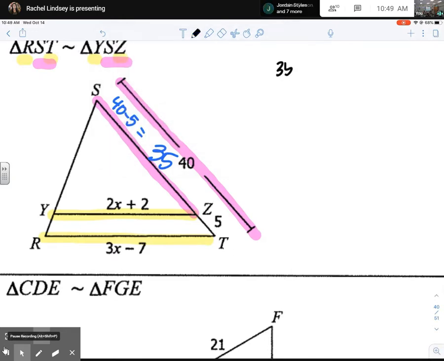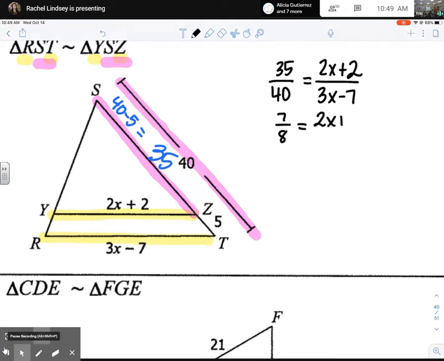So with that, you can now set up your ratio. 35 over 40, so I'm going baby over mama. Baby on baby. And then 2x plus 2 over 3x minus 7. So that's the ratio you should have. Again, you can reduce that 35 over 40 to 7 over 8.